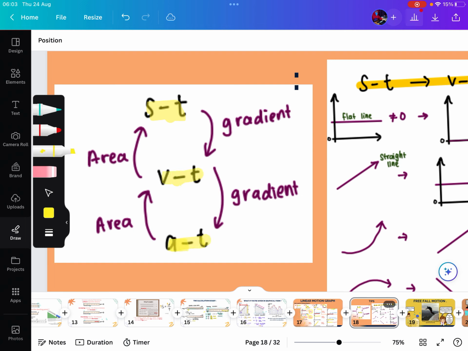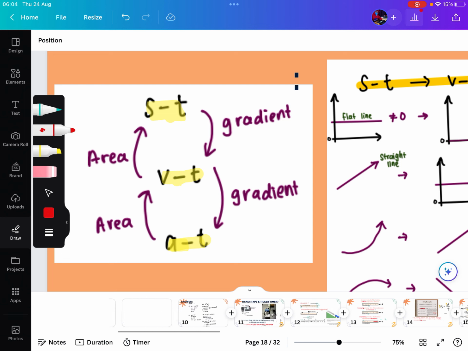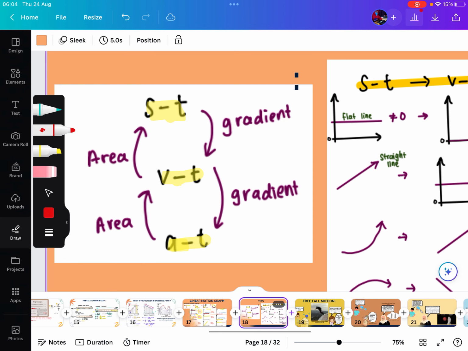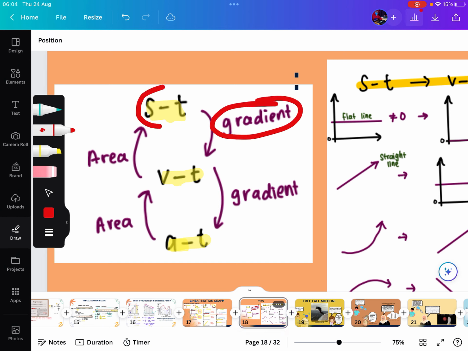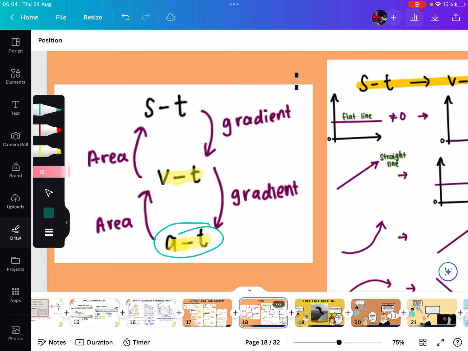What these tips mean is that the gradient of the ST graph will produce a VT graph, and then the gradient of the VT graph will produce the acceleration AT graph. That's how my tip works.